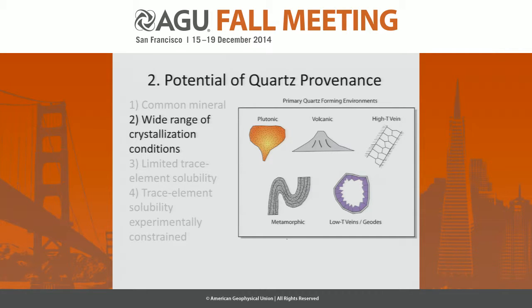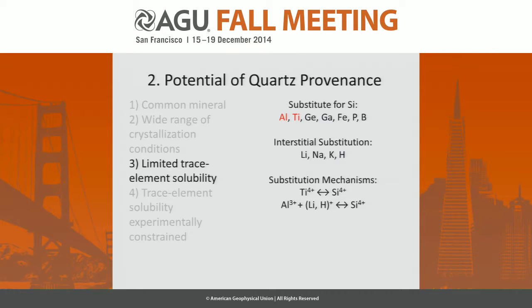So when you think about traditional provenance indicators like zircon, which crystallize in plutonic and volcanic systems and high-grade metamorphic systems, the fact that quartz crystallizes at low temperatures allows us additionally to sample a wider range of geology with the quartz.